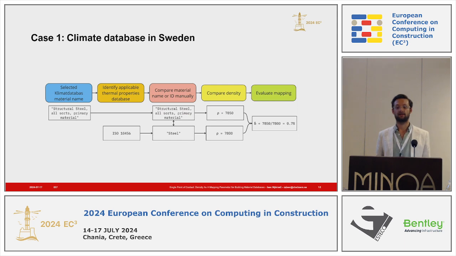And this is how the mapping is actually done. So we pick a material, and then we manually search for similar materials in different databases, and then we try to find relevant ones. And for the mapping, we just take the difference in percent of them.